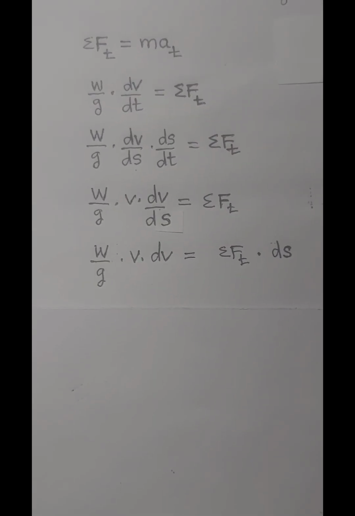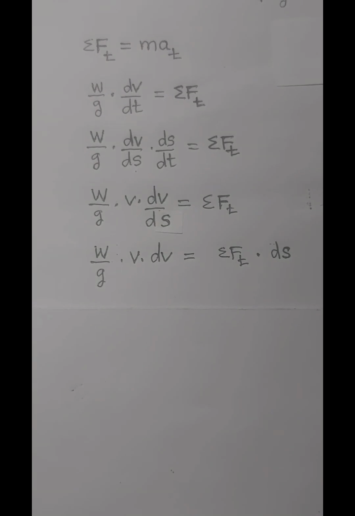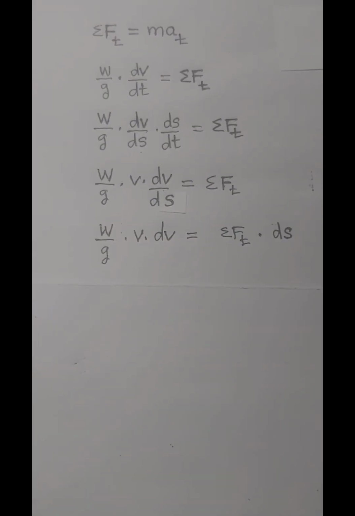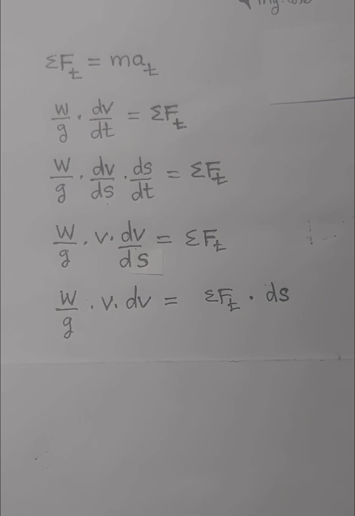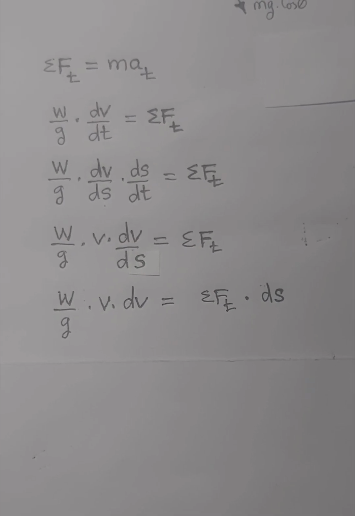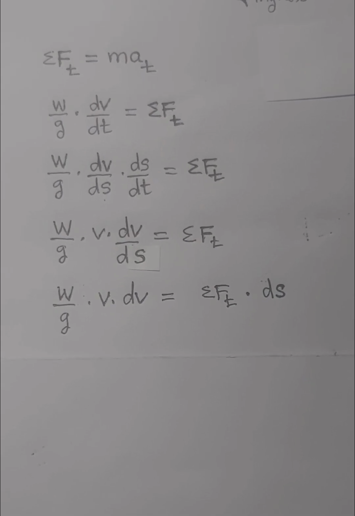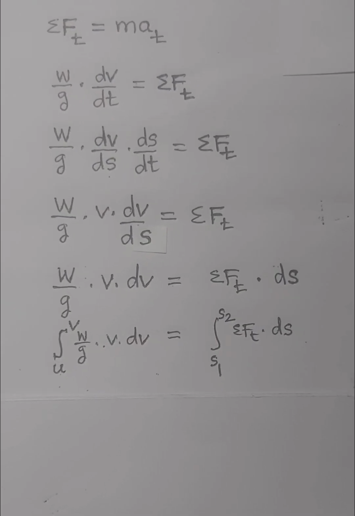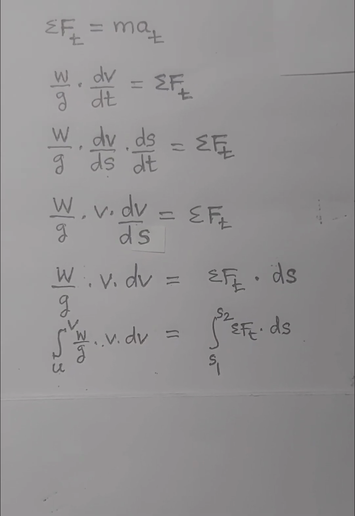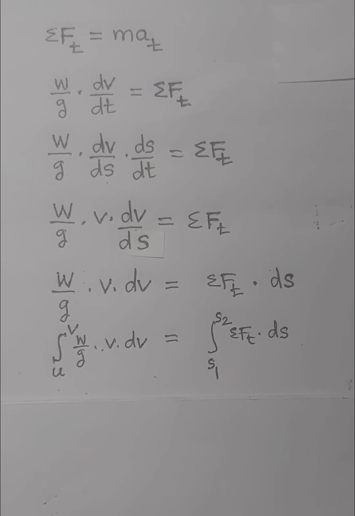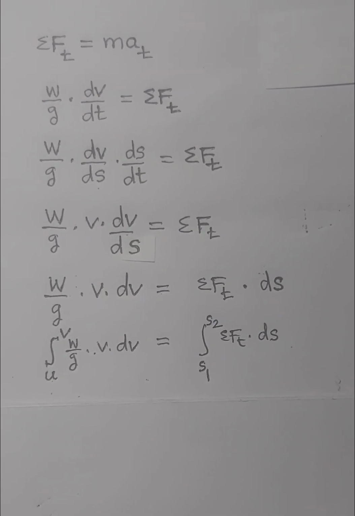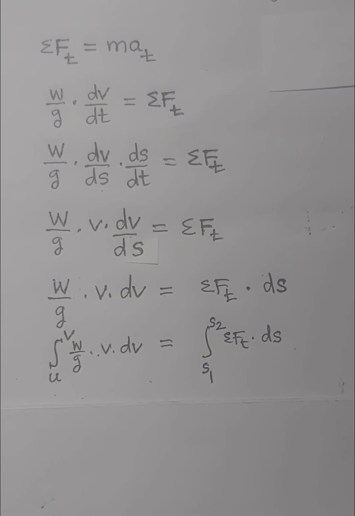W by g into v into dv equals summation Ft into ds. Integrate this equation on both sides within the limits of velocity and displacement: integration u to v W by g into v dv equals integration s1 to s2 summation Ft into ds.